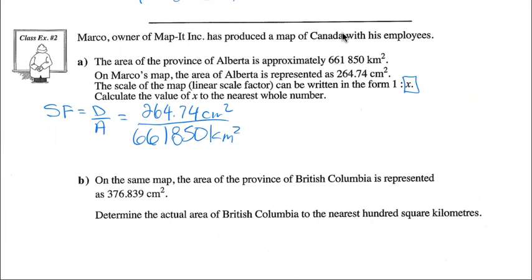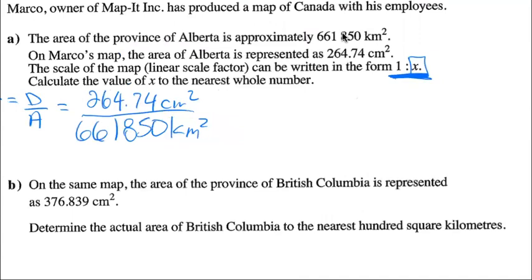is our scale factor, except that it wants it in this ratio form. And remember, in this ratio form, these have to be in the same units. Okay, so before I get there, I can do this division and reduce these numbers.